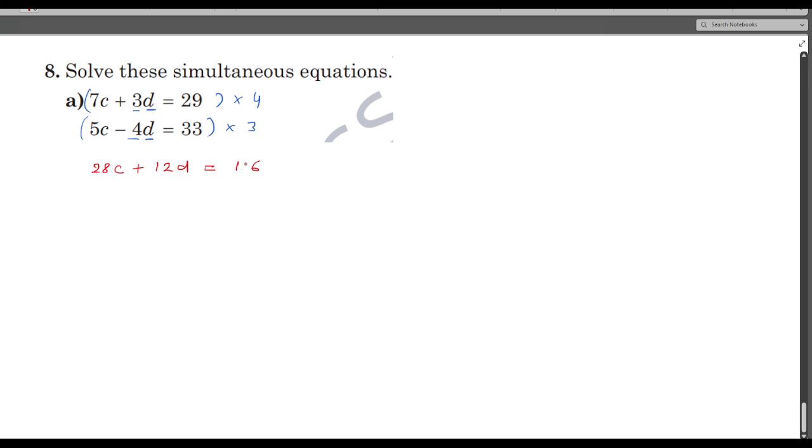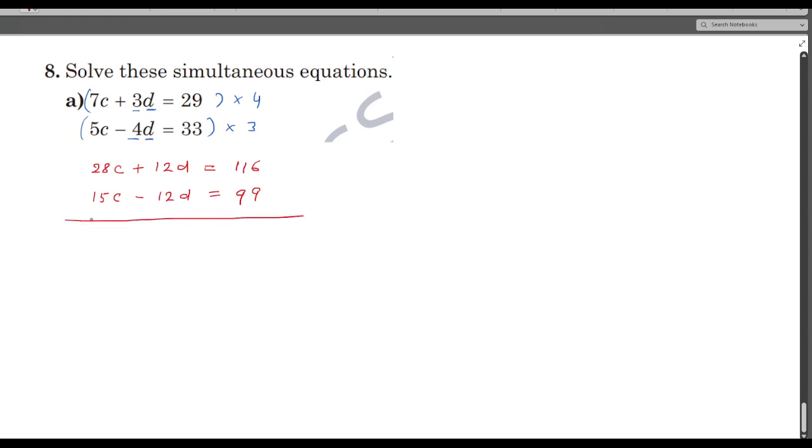8 plus 3 is 11. Here the second equation, 5 times 3 is 15c. 4 times 3 is minus 12d and 3 times 3 is 9, 99. Okay, now I will add these two equations.